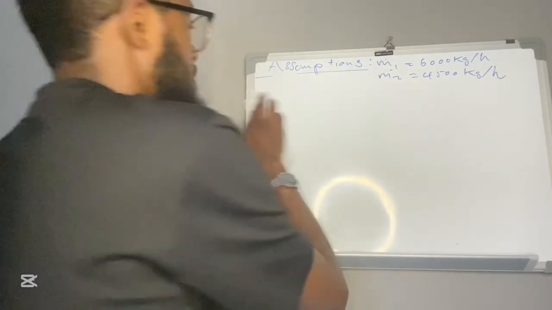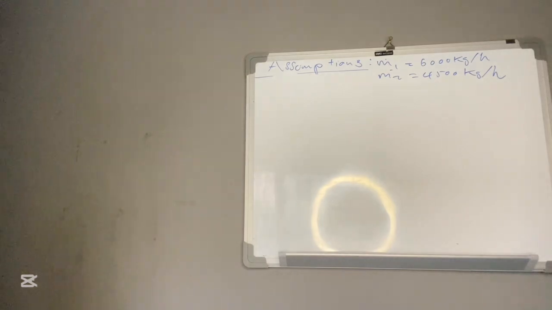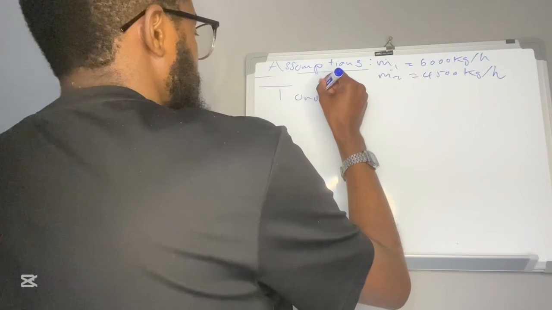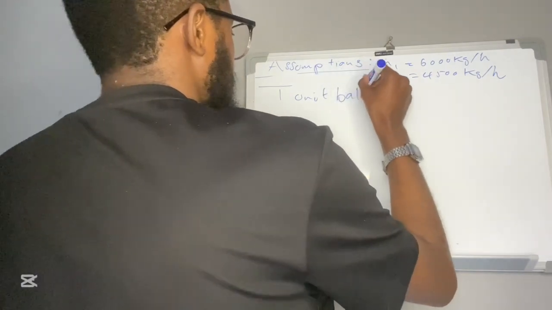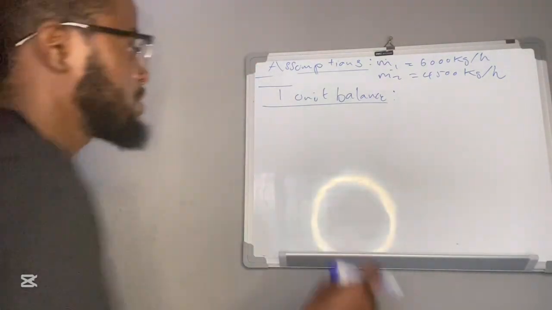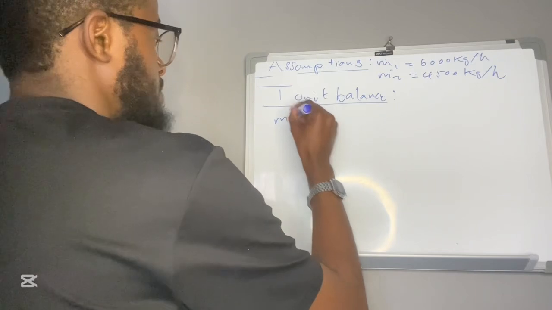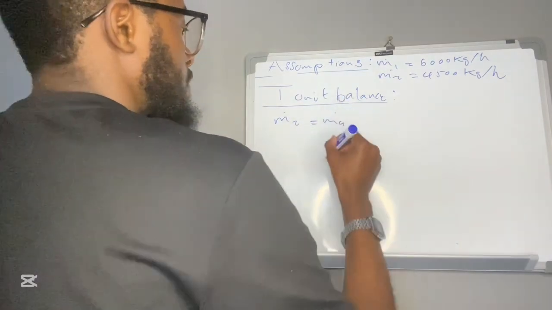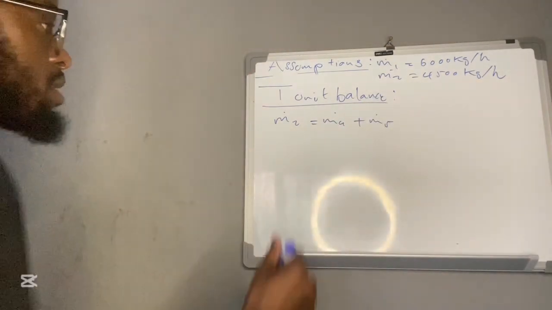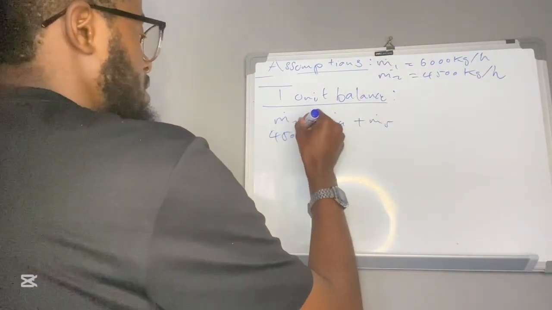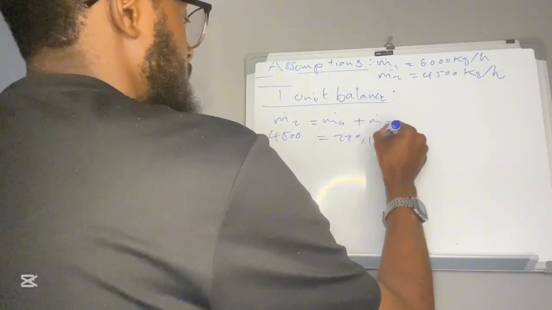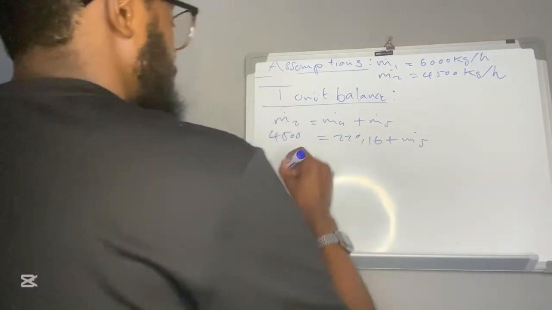As you already know, the simplest way of finding M5 is the transfer unit balance, right? On the transfer unit balance, you have M2 equals M4 plus M5. So you have M2 as 4,500, M4 as 220.16, and M5.